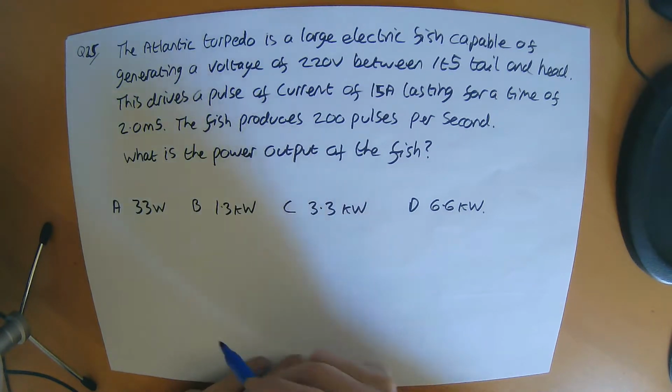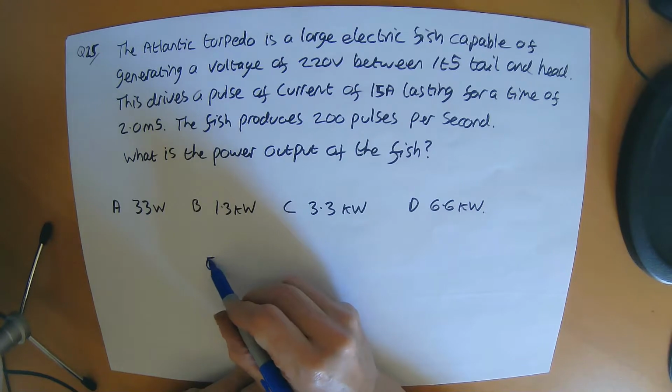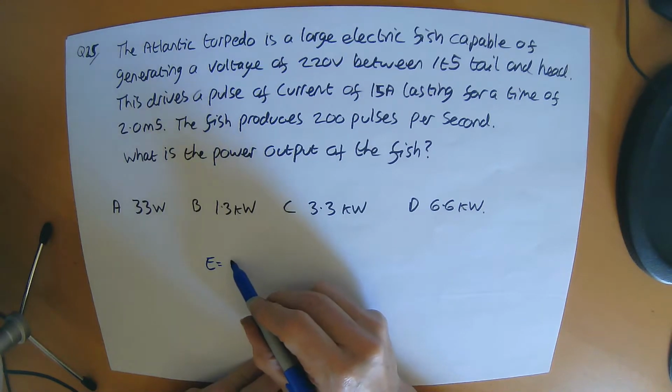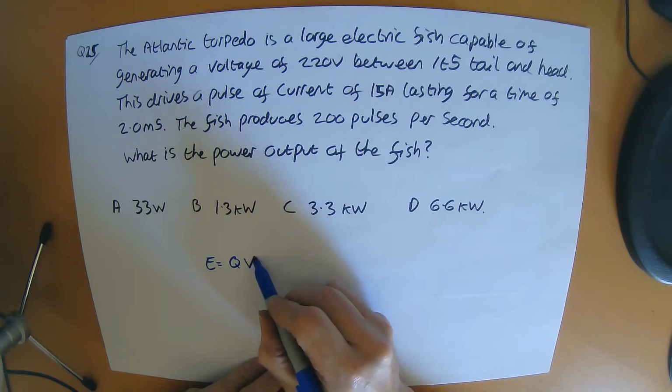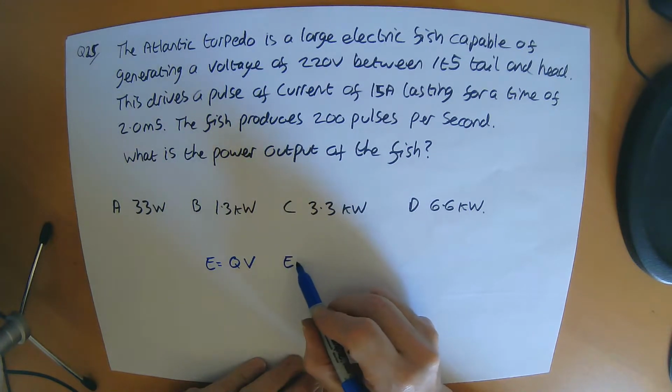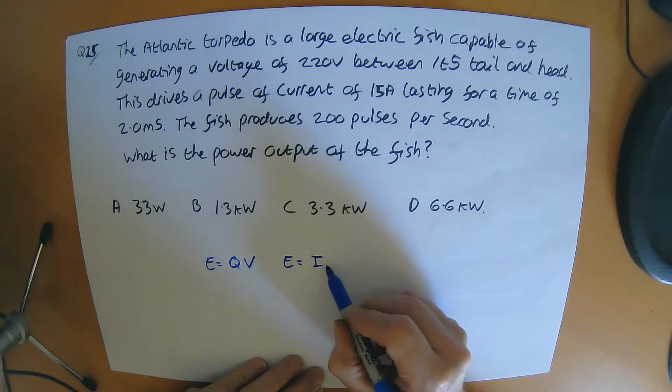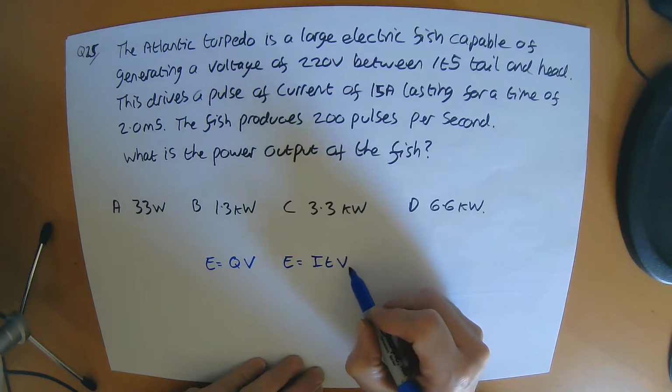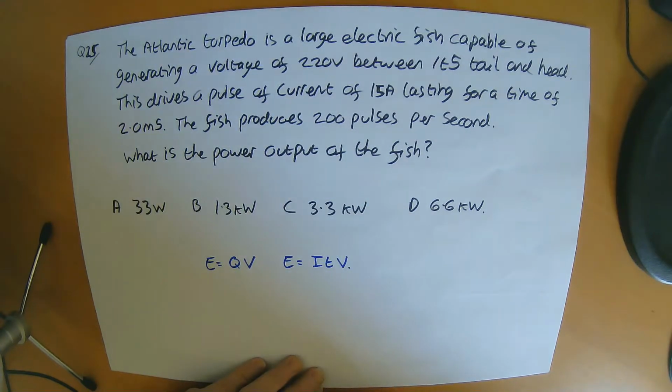So we can use our energy is defined as charge times potential difference, and that means that energy is current times time times potential difference, E equals ITV. And we can work out the energy in a single pulse using that simple equation.